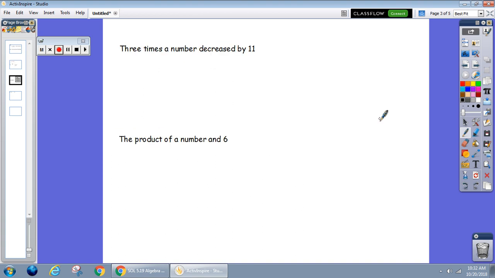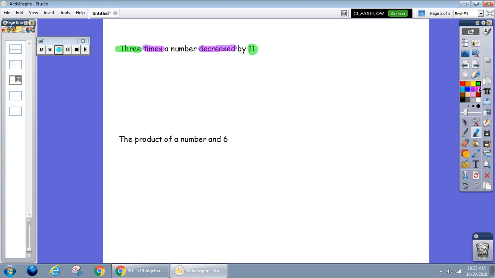3 times a number decreased by 11. All right, get that highlighter out. My constant is 11. My operation, I have times, and I have decreased. I also see here another constant that I missed, the number 3.